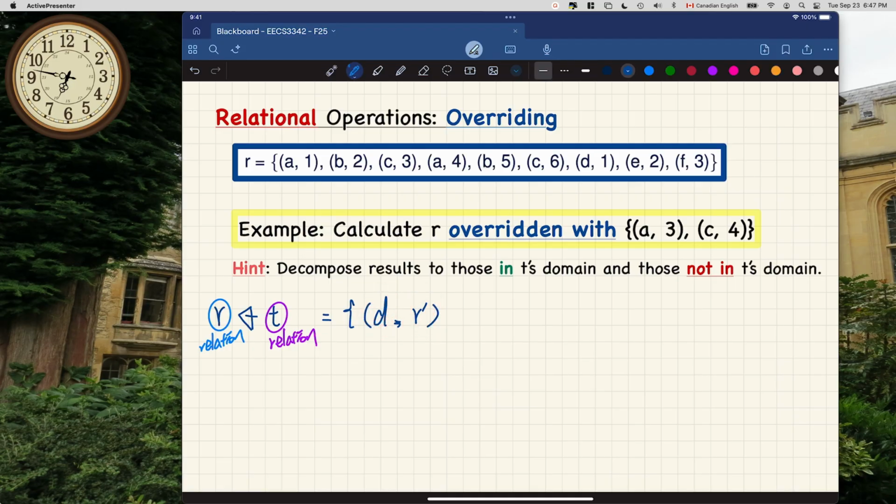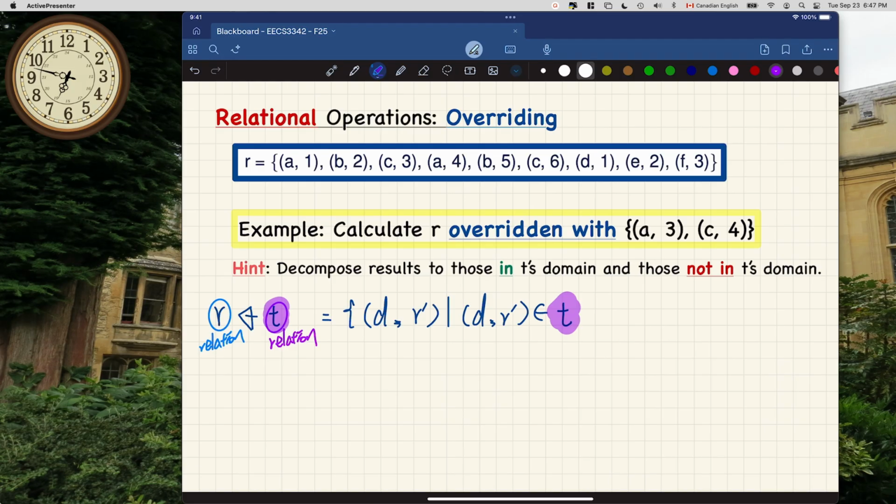There are two parts for the overriding. The first part is very easy to understand: the D and R prime must be a member of the second relation, T. That means T itself will be included in the actual overriding.